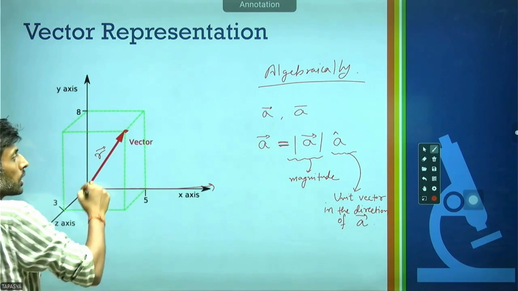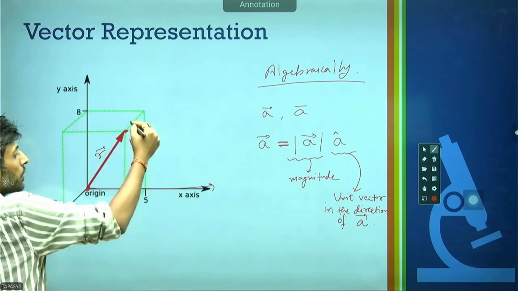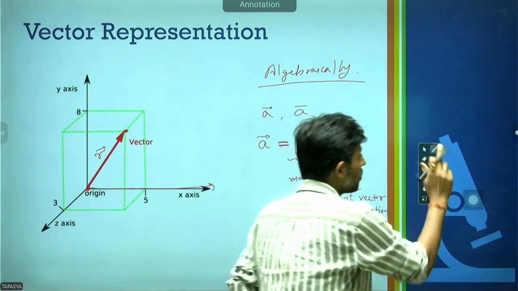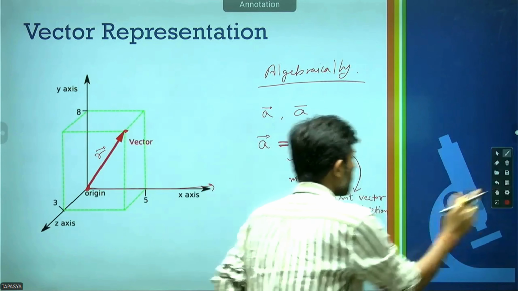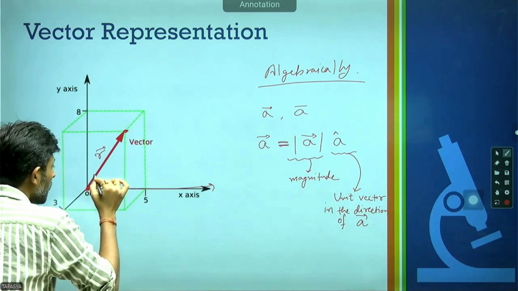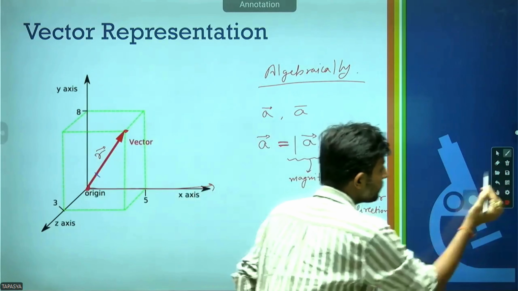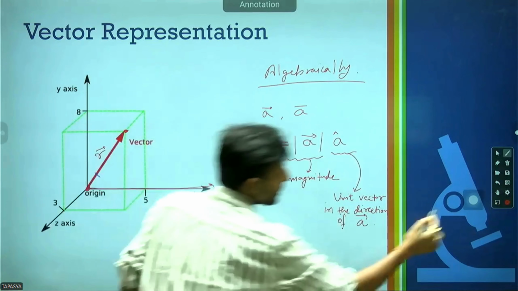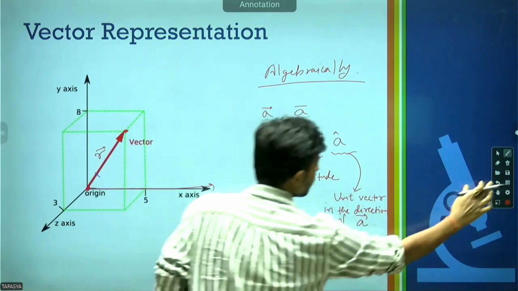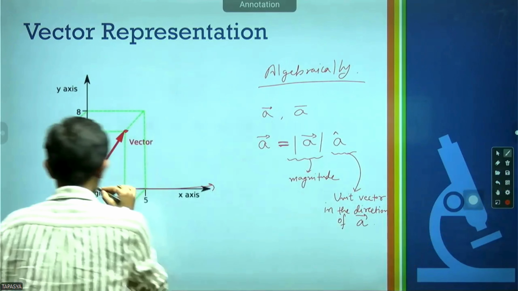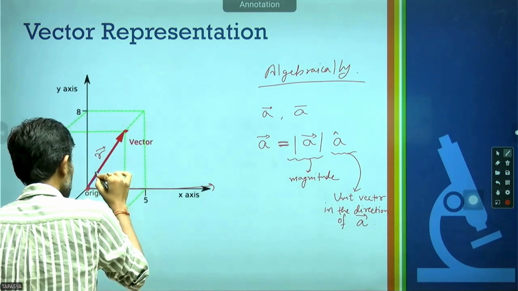So if I ask you what is the unit vector in the direction of this vector, you can draw something like this. You can say, draw a 1 centimeter line, like this.